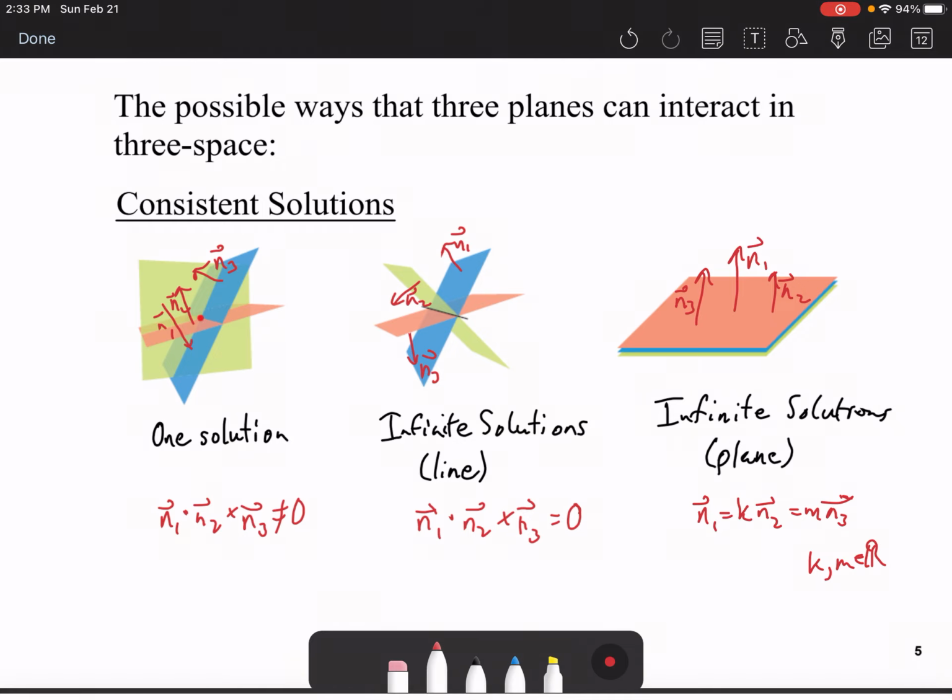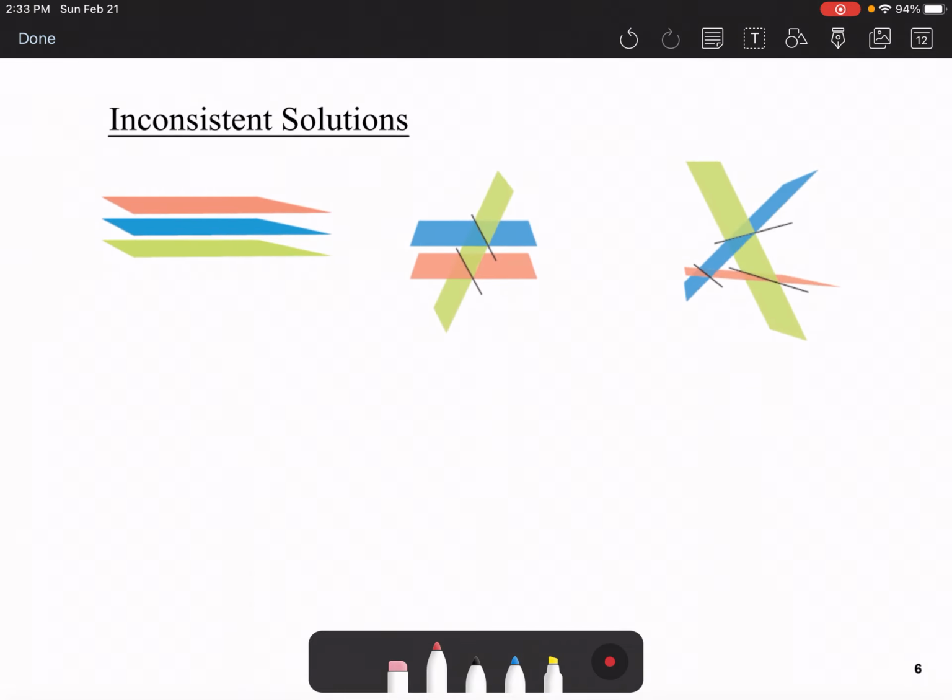Now there are three other instances of how planes could interact. In our first case, you have no solutions because you have parallel planes. In our second instance, we actually have two lines of intersection.